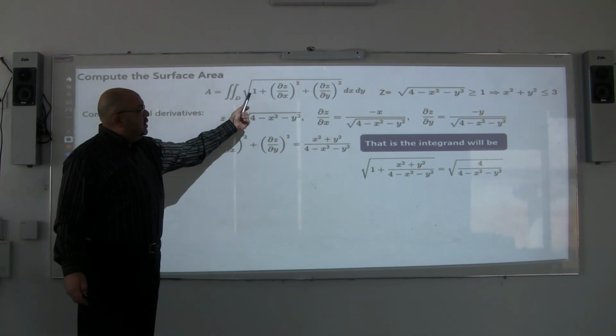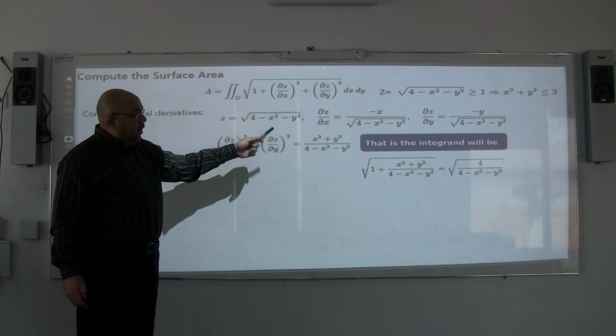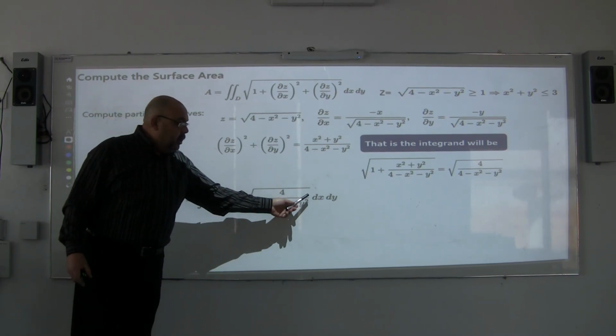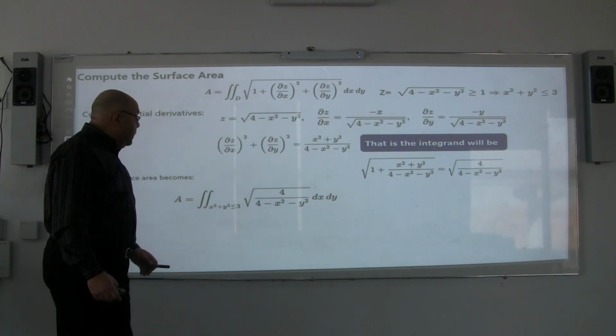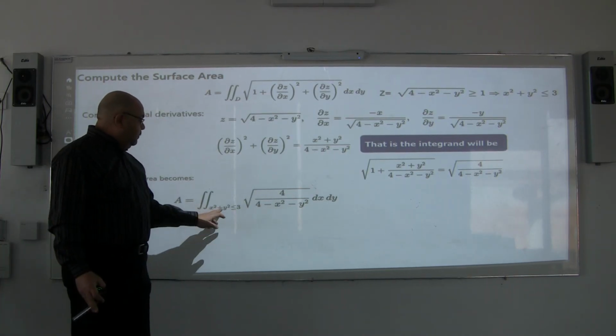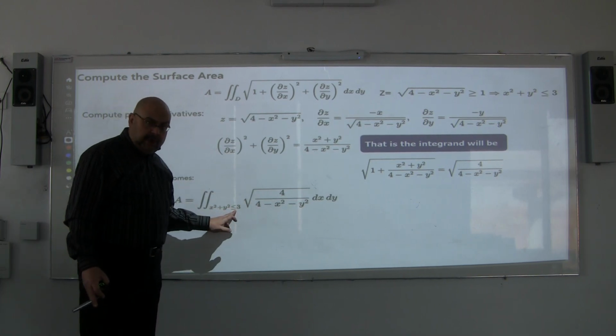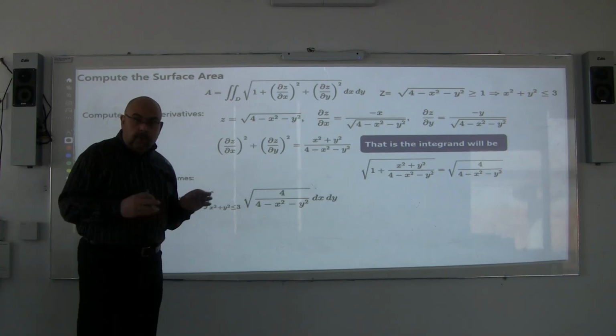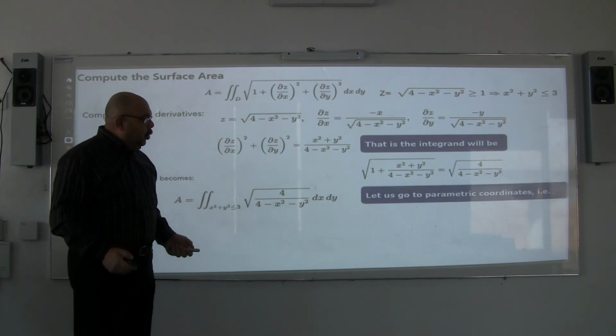So I will replace the integrand by the root of 4 divided by 4 minus x squared minus y squared dx dy. Of course, the domain will be within the disk, which is x squared plus y squared less than or equal to 3. So now once more, as I told you, I will do everything with polar coordinates.